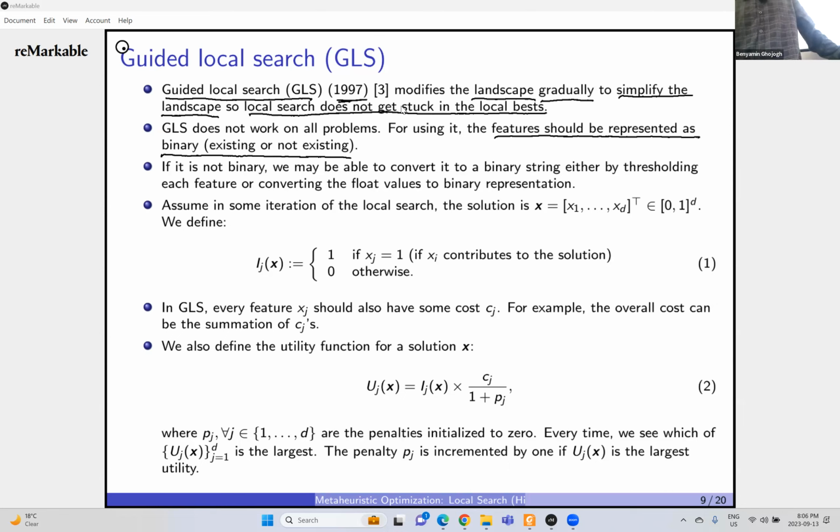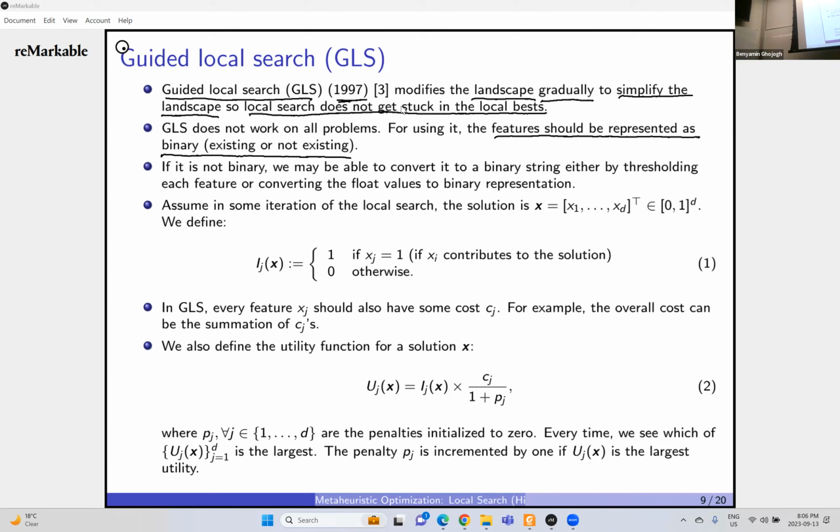An example now. Assume my problem is the design of the city. The cost is the pollution of the city. How do we design the city so that the pollution is minimized? Then the features can be, for example, whether in this region there is a house or not.